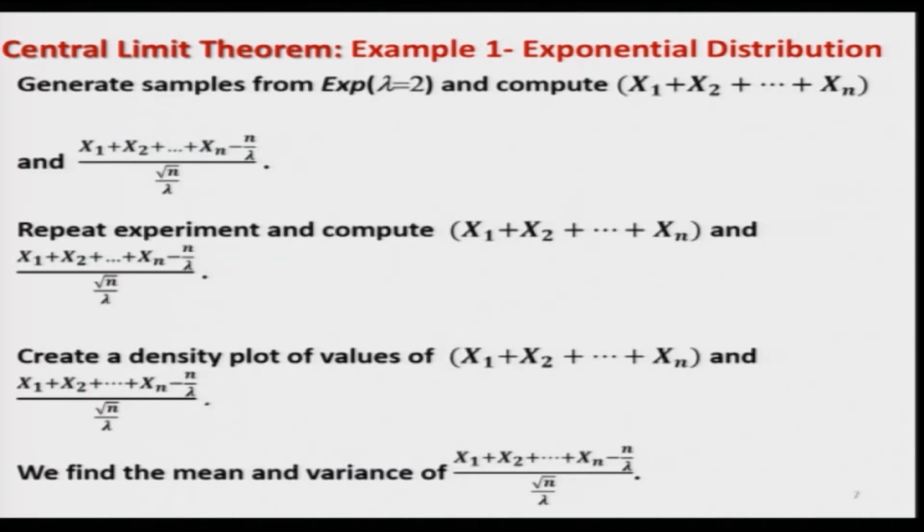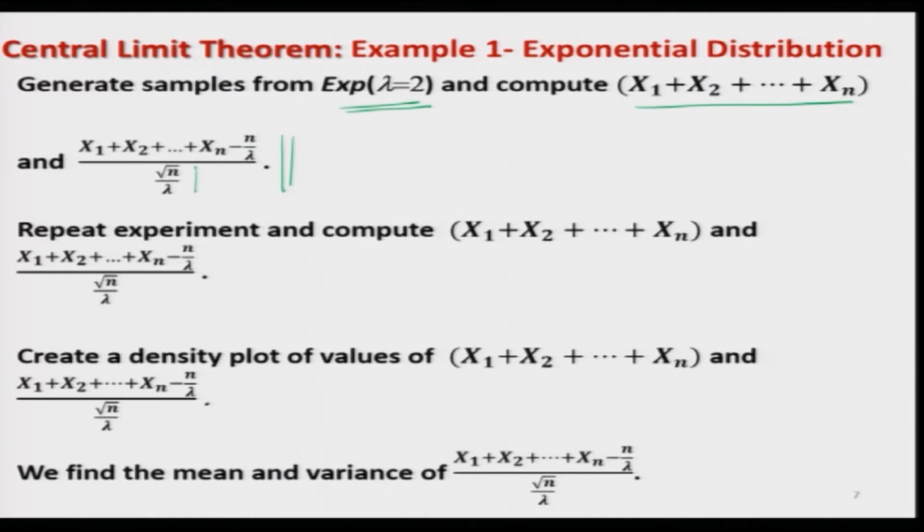Now I will demonstrate this result using the R software, so that I can show you how it looks. I will generate samples from this exponential distribution with, say, lambda equal to 2, and then compute the sum X1 plus X2 plus ... plus Xn, and also the quantity X1 plus X2 plus ... plus Xn minus n upon lambda divided by square root of n divided by lambda.